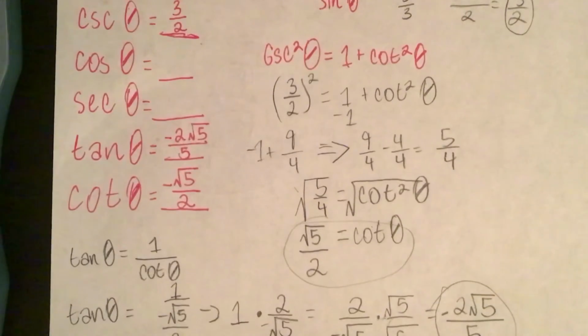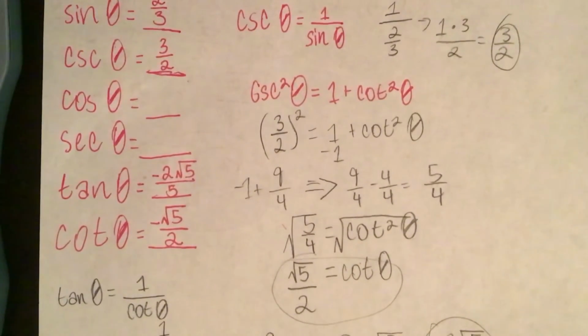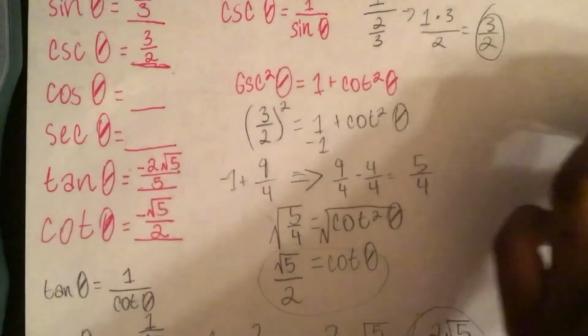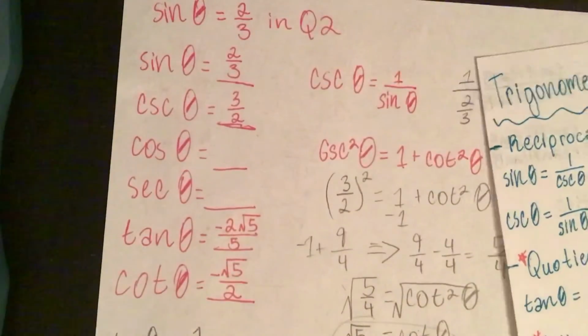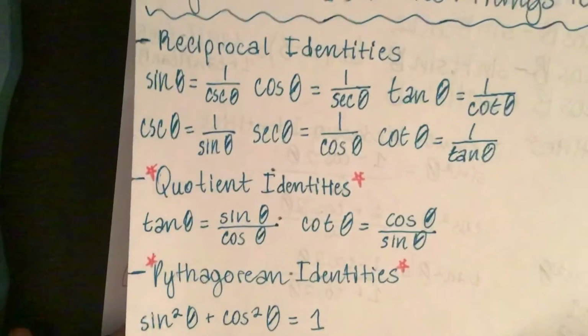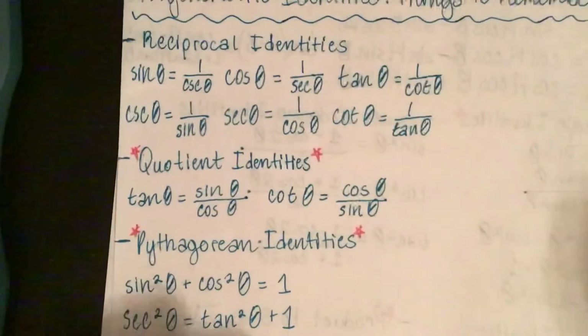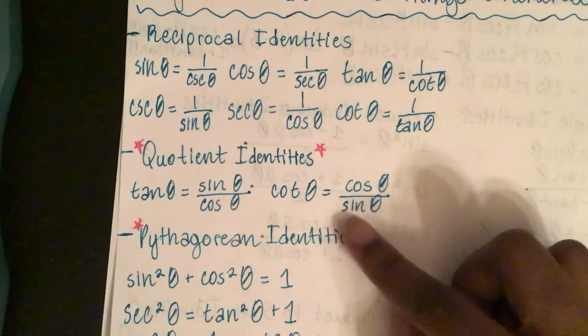Now to find cosine and secant, which look as though they have been left alone this entire time. But if we remember our trigonometric identities, we're looking for something that can help us to find cosine and secant utilizing the values we already have. So right here, I can see that in my quotient identities, we can utilize the cotangent of theta is equivalent to the cosine of theta over sine of theta.